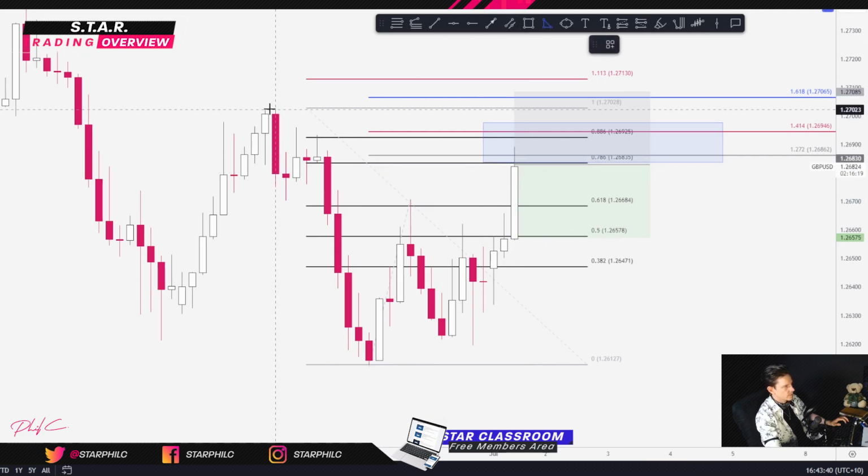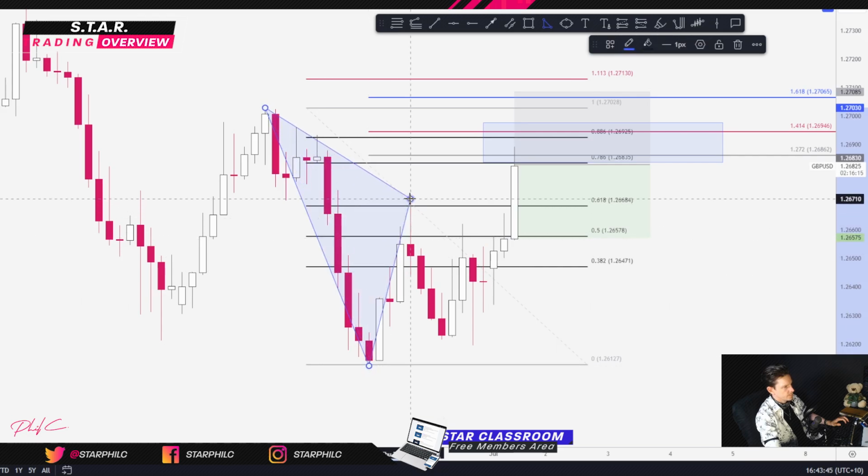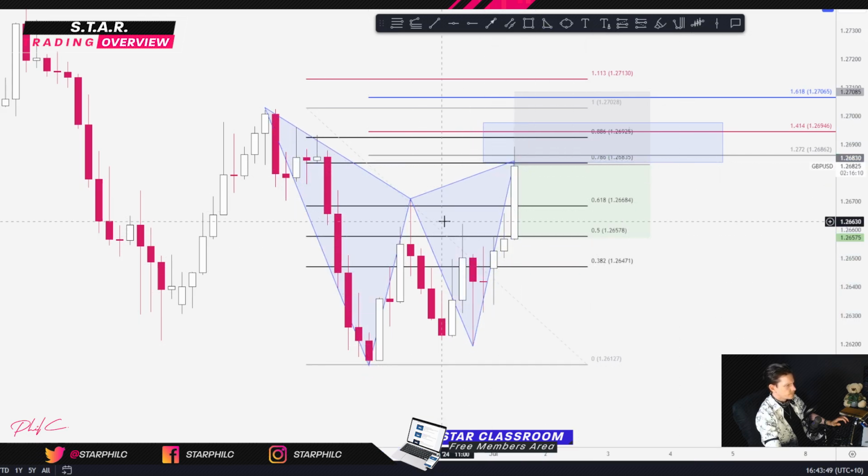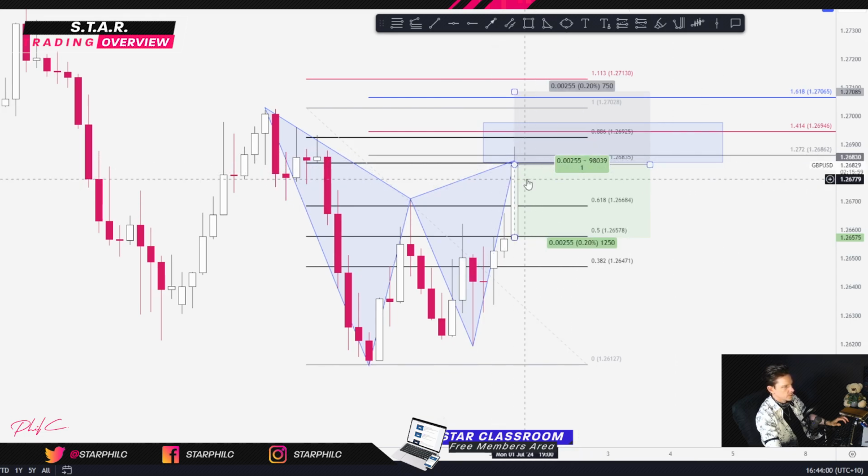So if we draw in the triangle tool, X to A to B, B to C, and then C to D right here. That's the Gartley pattern in front of us there. Right, so we have our entries at the 127 Fibonacci extension and the 786 confluence right there.